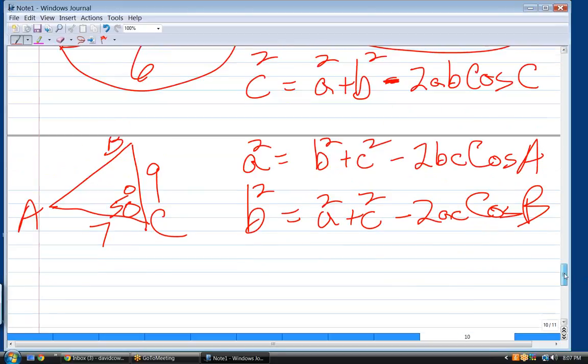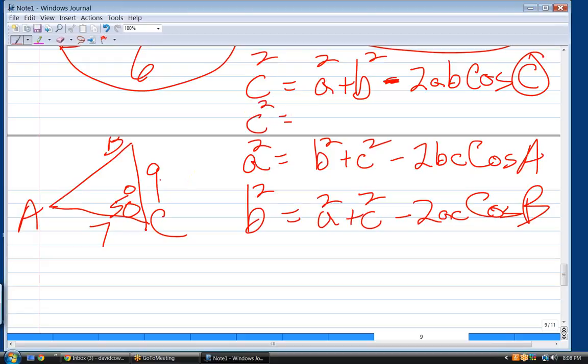So, using the law of cosines, which of the 3 formulas am I going to use? I would do c squared, because I know this angle. And that's going to allow me to have the only unknown on the left.